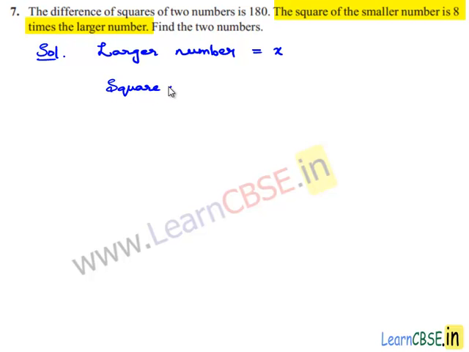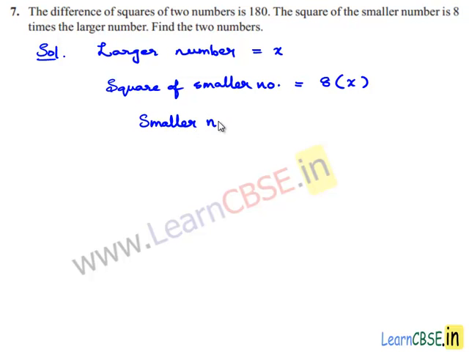Square of smaller number is equal to 8 times the larger number. So, smaller number is equal to square root of 8x. According to the first condition, the difference of squares of two numbers is 180.